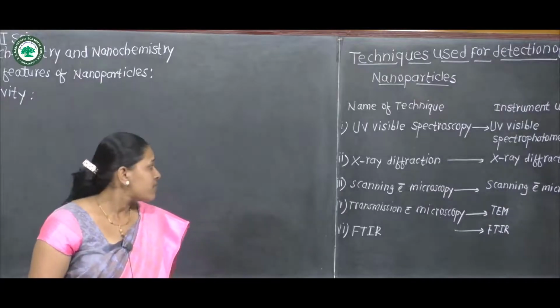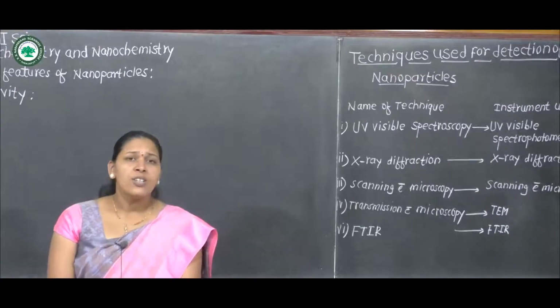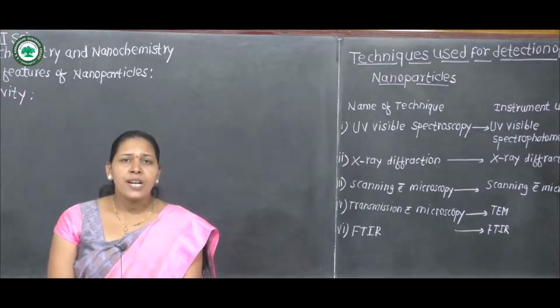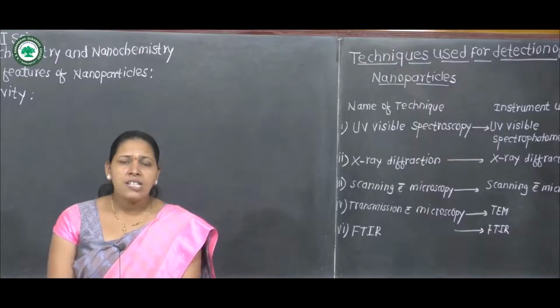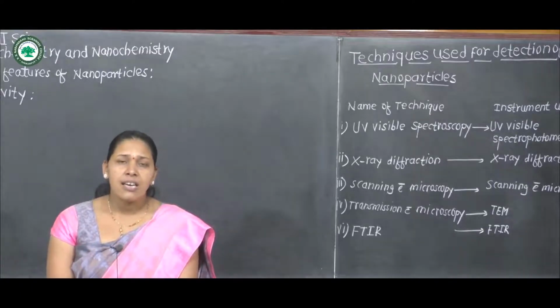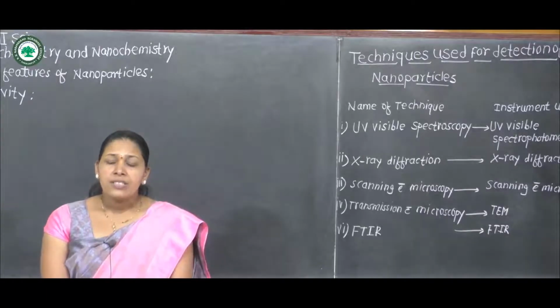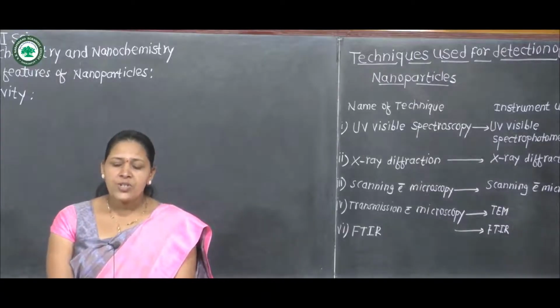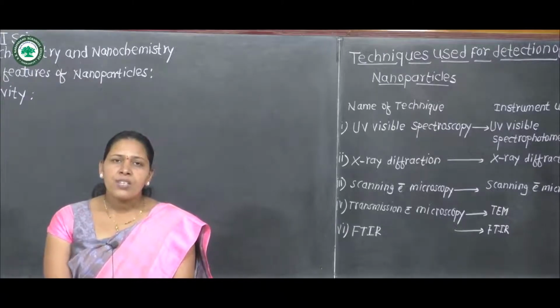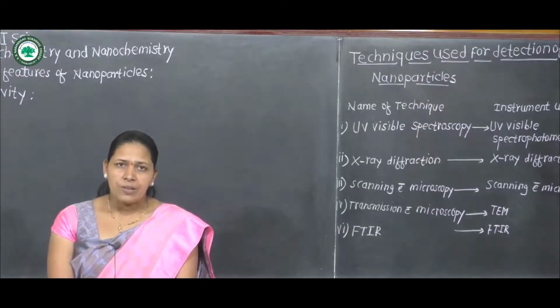The third technique used for detection of nanoparticles is scanning electron microscopy, in short also called SEM. The instrument used is the scanning electron microscope. This technique gives information about the structure of the surface material of the nanoparticle.